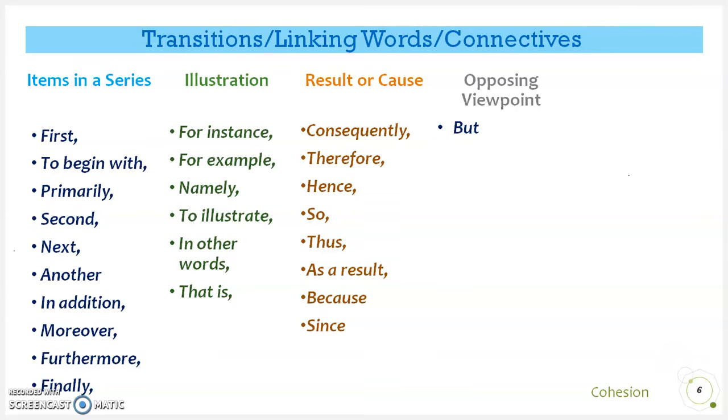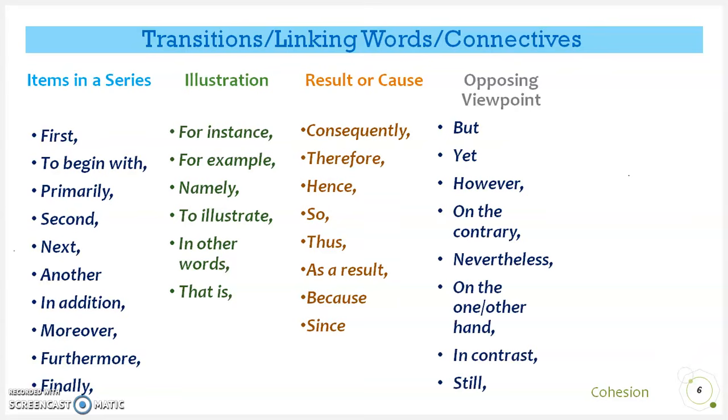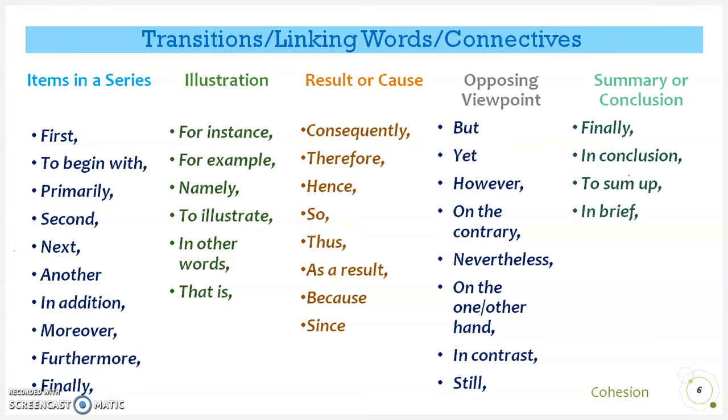These transitions connect ideas that have different viewpoints or are having different ideas. Finally, we have the summary or conclusion transitions, like finally, in conclusion, to sum up, etc. These transitions can be used at the end of a paragraph, before the concluding sentence, or at the beginning of the conclusion in an essay.